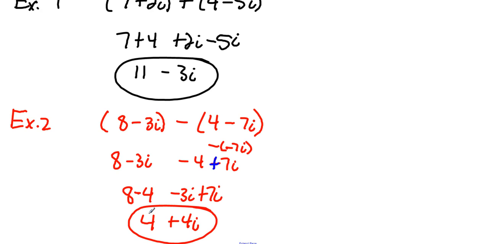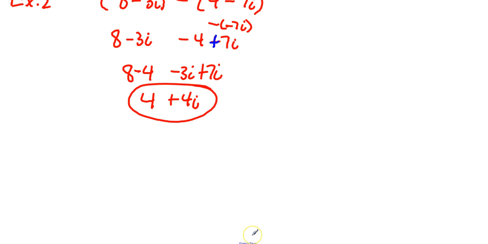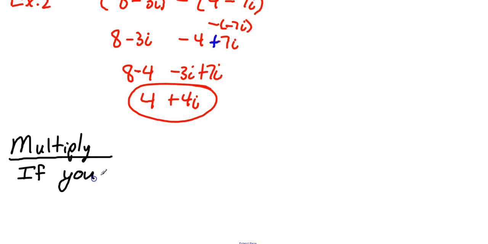Now, when you get to multiplication, that's where you have to make one small change depending on what happens here. And here's the one catch with multiplication. You're still going to multiply, full method, distributive property, just like you would any other time.